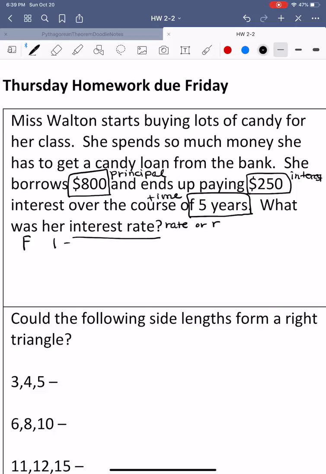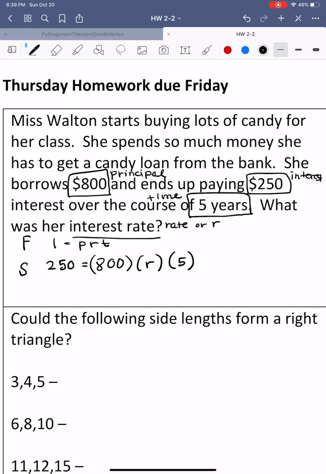So I equals P, R, and T. As I substitute, I just substitute the numbers that I know. I know that 250 is my interest, and this equals 800 for my principal, multiplying this times my rate, I'll leave that R there, and then 5 for time.